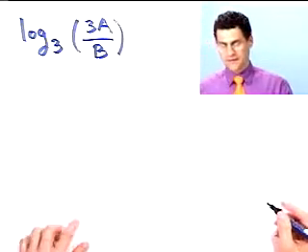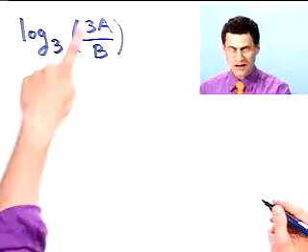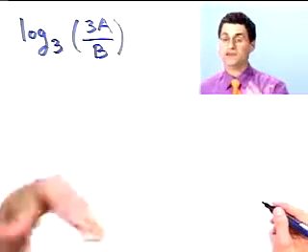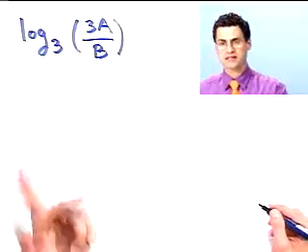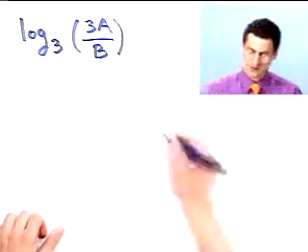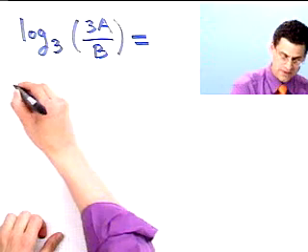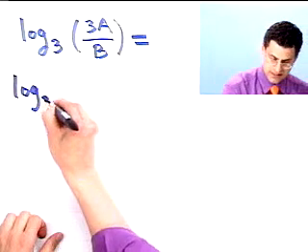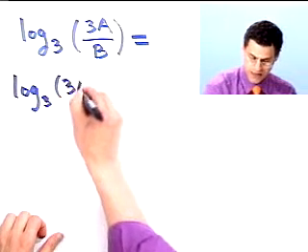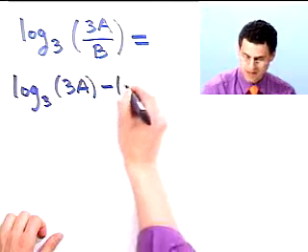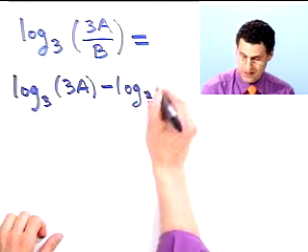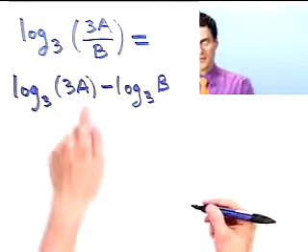Okay, well, here's how I think about it. I see this is a log of a quotient. The log of a quotient is the differences of the logs. So using that formula, I can write this as log base 3 of 3a minus log base 3 of b. These two things are equal by that formula.